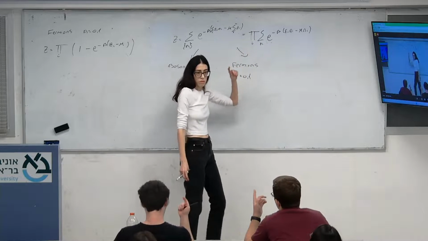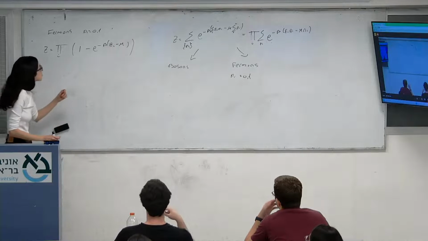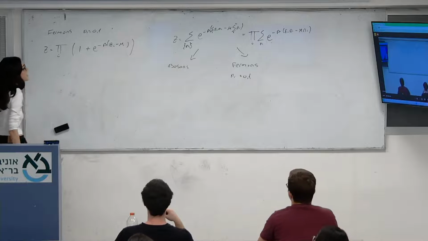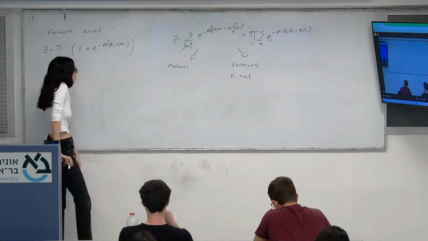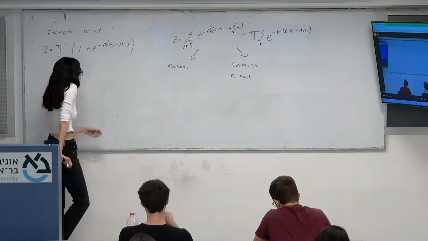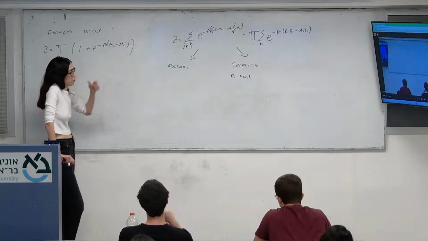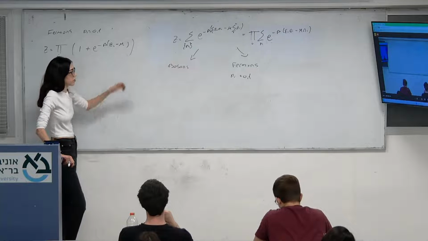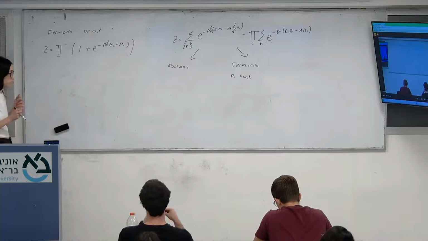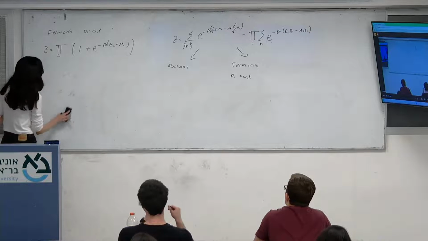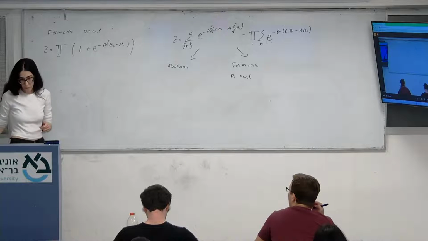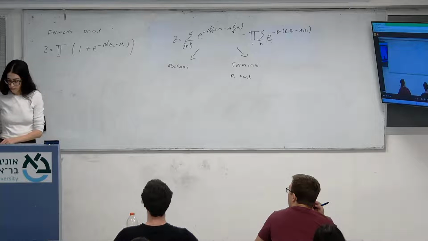It should be a minus here, sorry, yes, it's a minus. So this multiplication is over all the energy levels. We're going to leave it for now in that way, and the summation has only two terms.